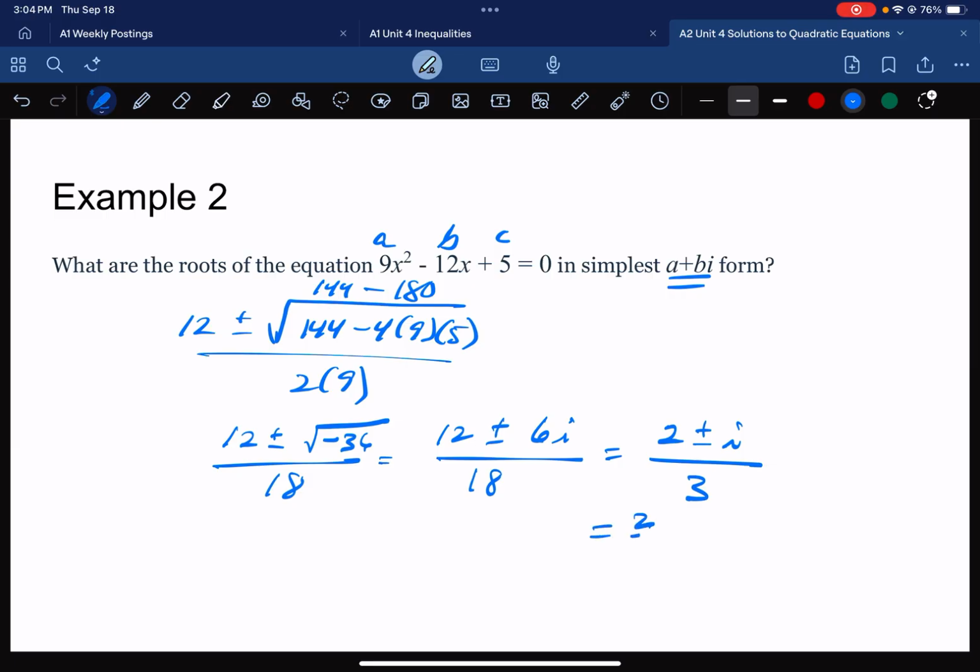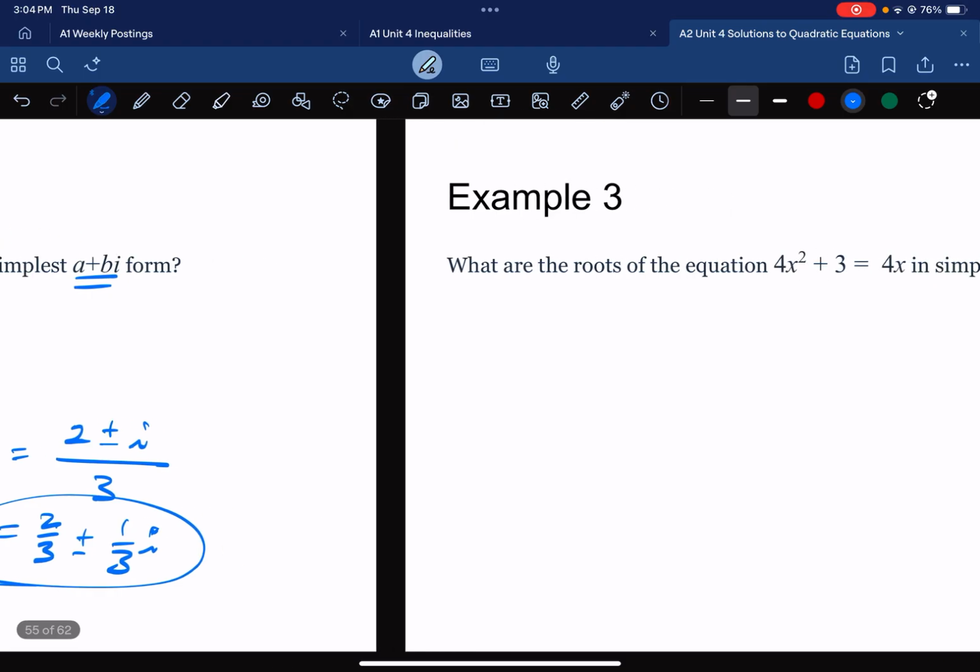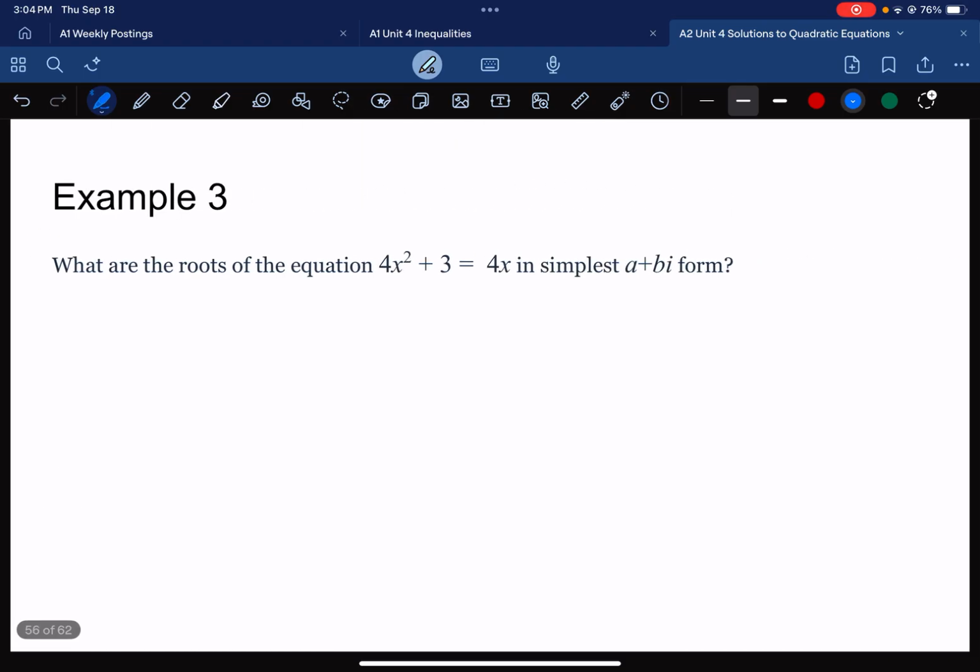We're going to write 2/3 plus or minus 1/3 i. That's a plus bi form, okay? All right, give this one a try. Come back and see if you got it right.